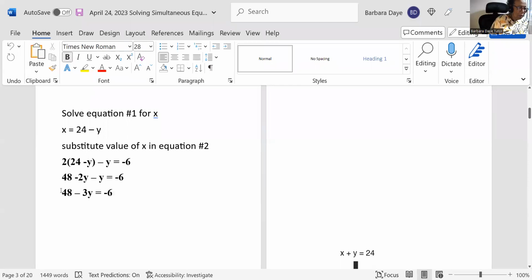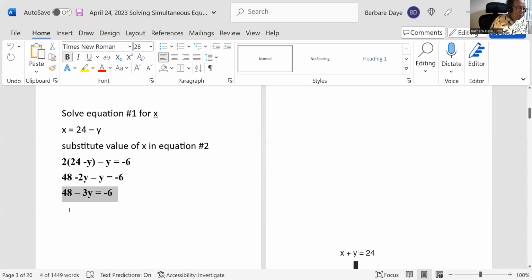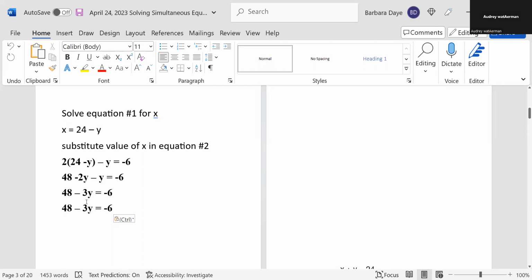So this becomes, let's see. Just copy that. So this would be minus 48, and on the right side, minus 48.